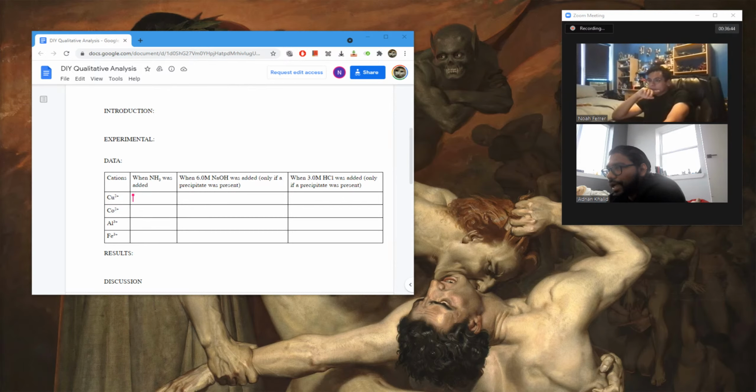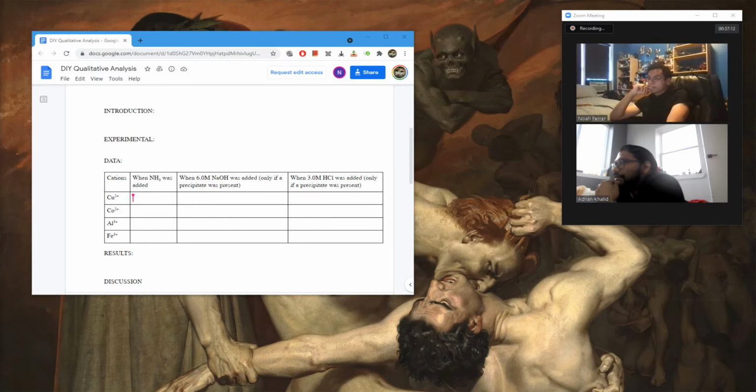So when you add the ammonia first, some hydroxide might form, okay. The color could be used in some kind of identification process or procedure. Let's see. And then after that, so you have unknown 6.